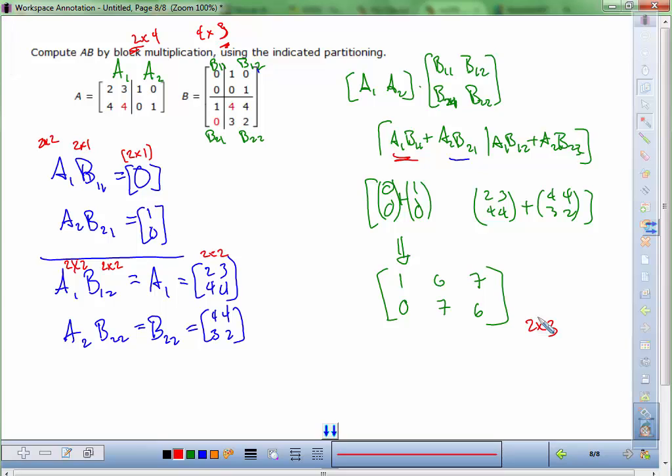I don't know if that was any easier than if we were to multiply it directly, but like I said, when you start dealing with huge matrices, this might be an advantage, especially if there's a lot of zeros and identity submatrices all over the place.